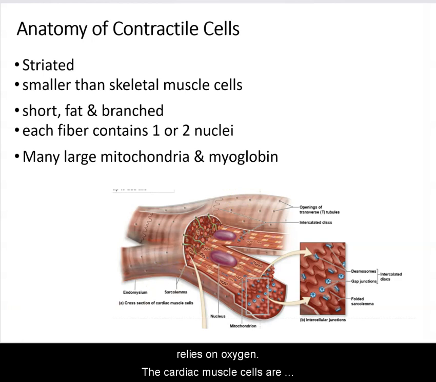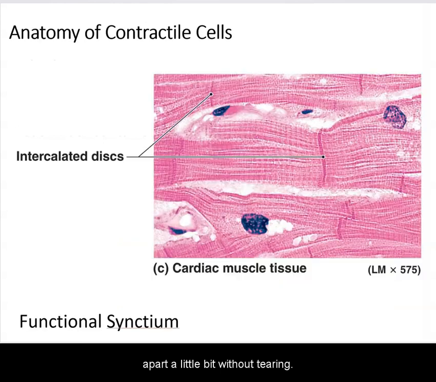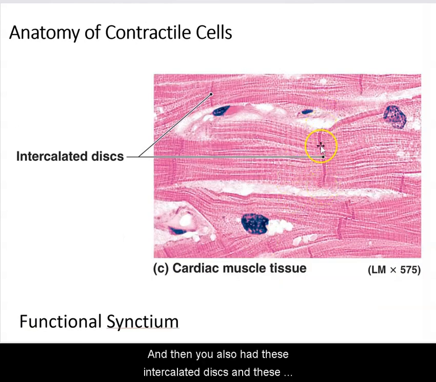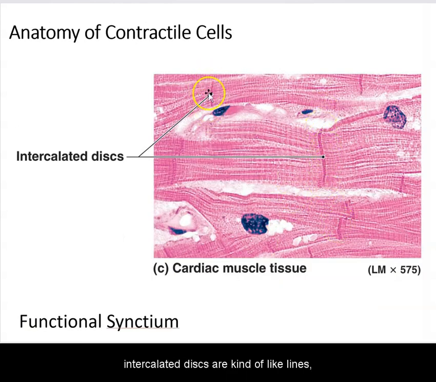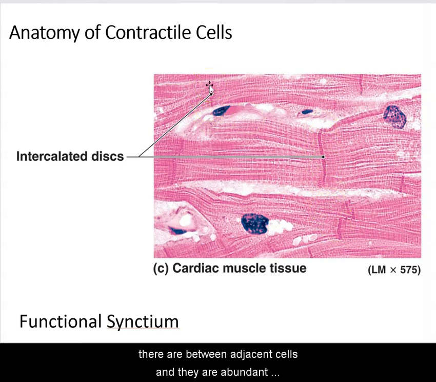The cardiac muscle cells are held together with things called desmosomes. These are a type of junction you learned in A&P 1. It's a pretty strong junction that allows the cells to kind of pull a little bit without tearing. And then you also have these intercalated discs. And these intercalated discs look kind of like lines. They're between adjacent cells, and they're abundant in the contractile cells, and we'll also see them in the pacemaker cells.